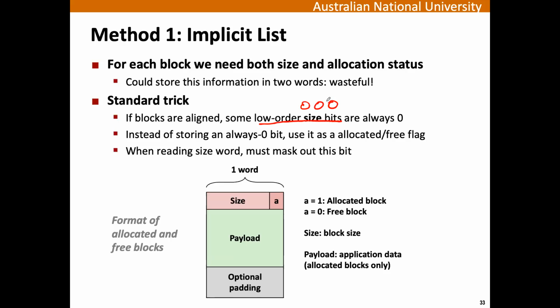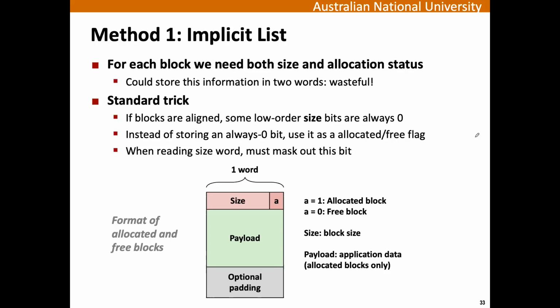If you have an 8-byte alignment, your address and your size are going to have the 3 least significant bits always 0. So if you have 8, if you have 16, and so on, we can steal those bits from the size and use them for a different purpose, because we know that those bits are always going to be 0.